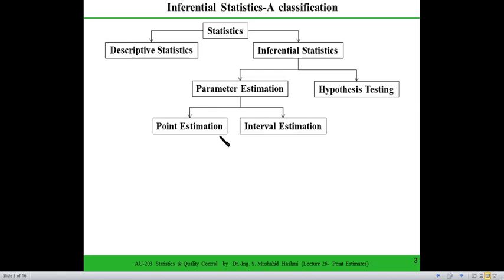So today's topic is point estimation. We will deal with it in detail. And in later lectures, we will go into the second branch of inferential statistics, what we call hypothesis testing.